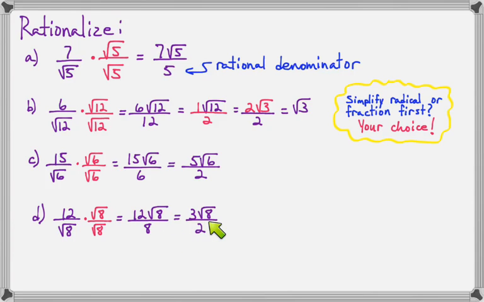Now 8 becomes 4 times 2. The square root of 4 is 2. So I'll have a 2 outside the radical here. See, my square root of 8 simplified to what's in red here. Now those 2's will reduce, and all I get left with is 3 square root of 2.